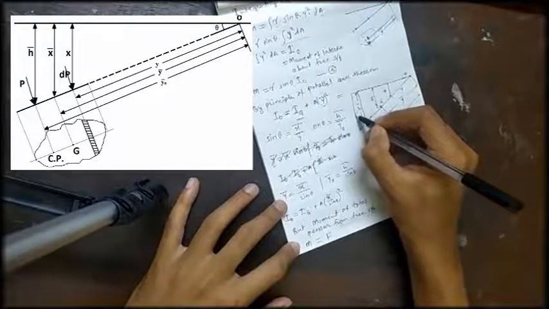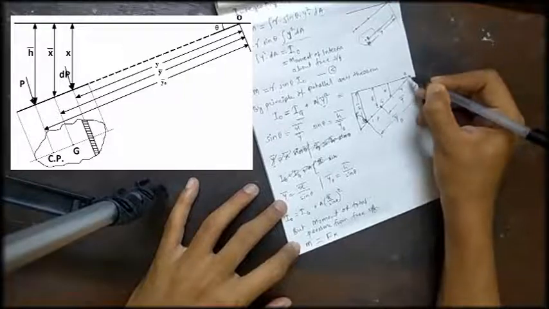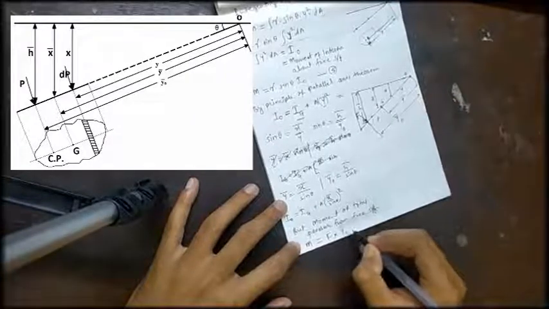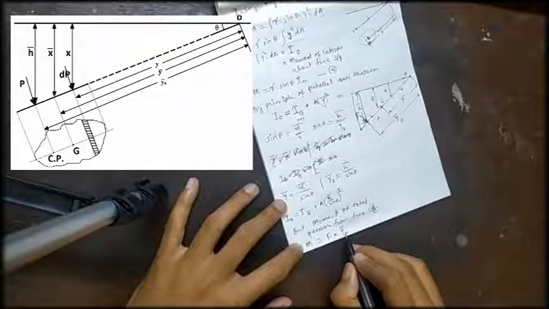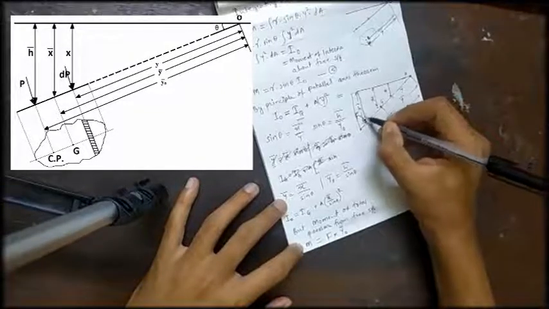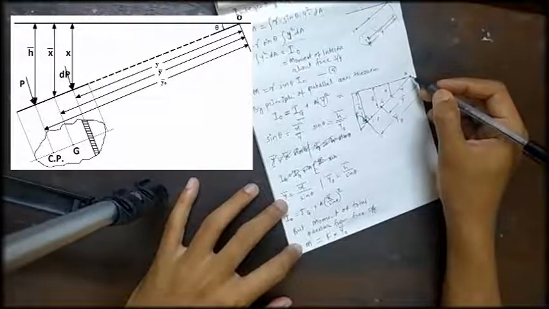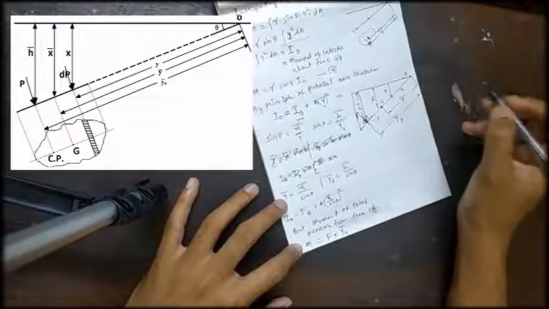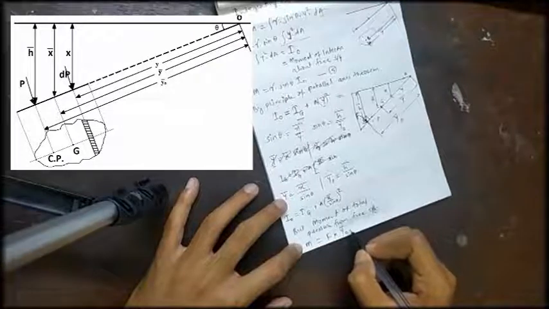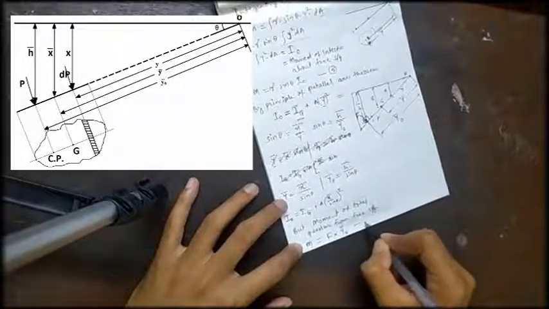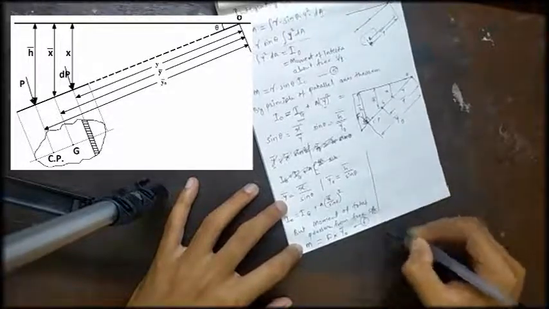So that force is our F, capital F, into, now its distance from this O point is nothing but yo bar, okay. So moment is nothing but force into perpendicular distance. So our force is this much and perpendicular distance of this force from O point or from a point about which we are taking moment is nothing but our yo bar, okay. So we have taken this equation and we will put this as equation number 6, okay.